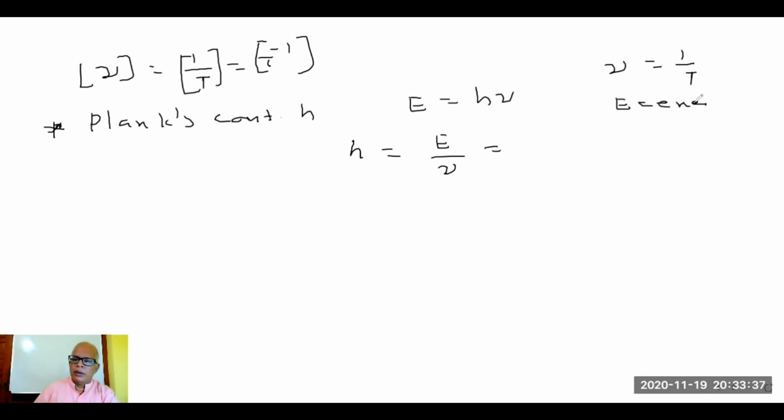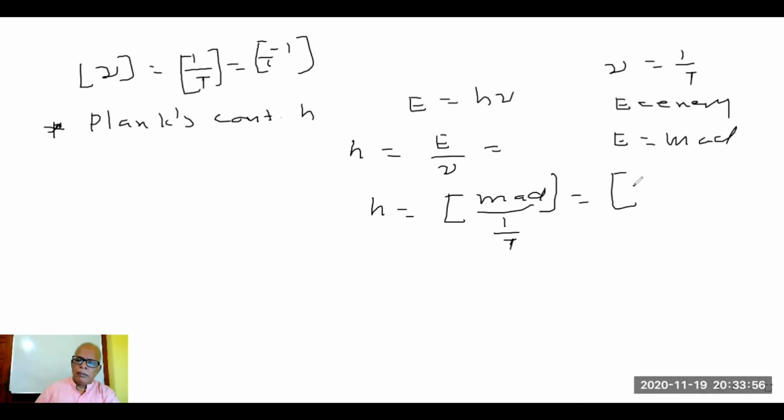Energy is work done. So for dimension, energy is the same as work done. So what you get is h is equal to M L square T minus 2 divided by 1 by T, so M L square T minus 2 into T. That you get as M L square T minus 1.